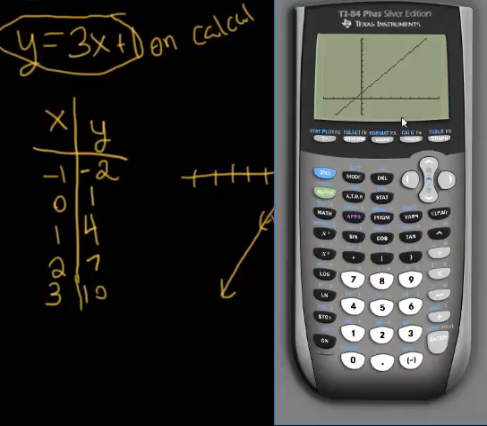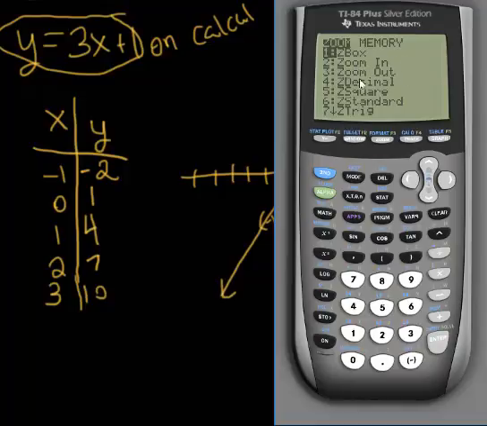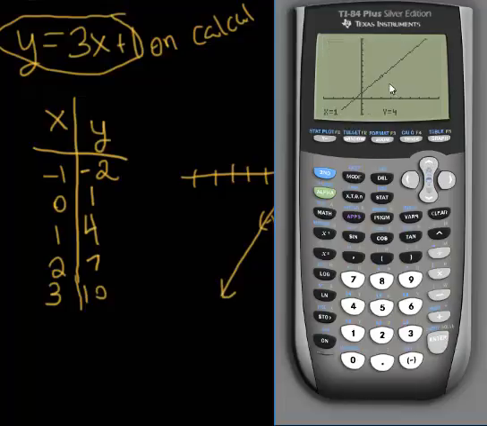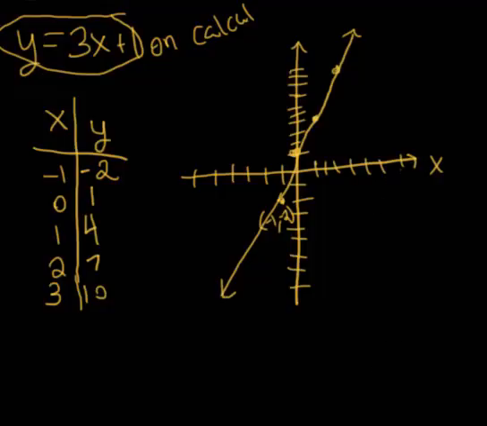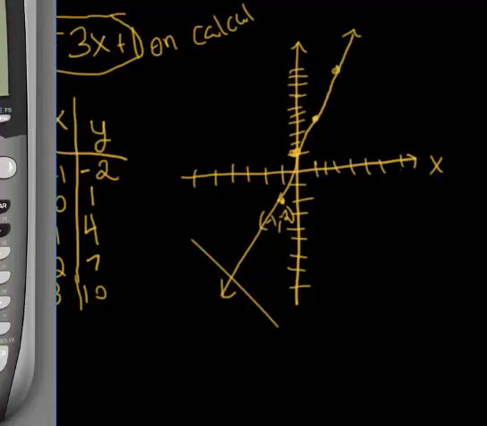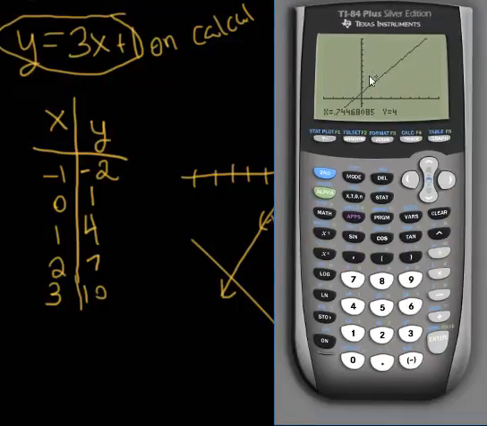We can also use these zoom buttons. If I hit this zoom button, what these do is zoom in or zoom out. So for example, if we wanted to zoom in and get a closer look at the picture, we could do that, enter. And then see this blinking dot? It's asking us, what do you want to zoom in on?